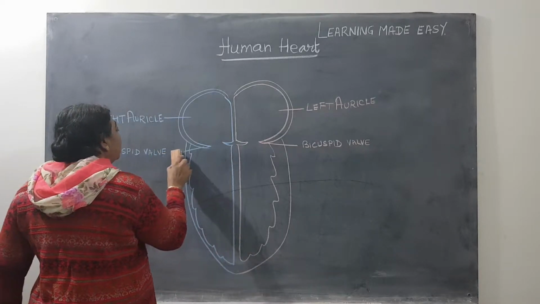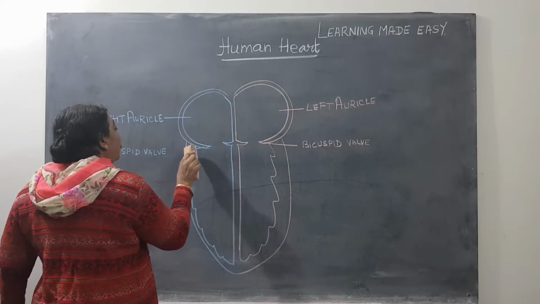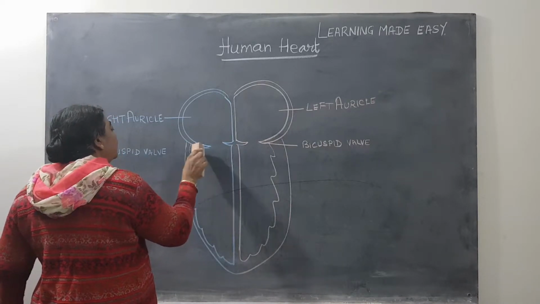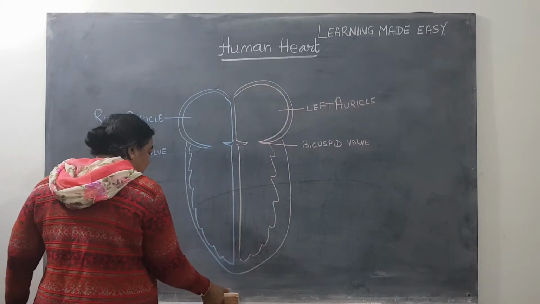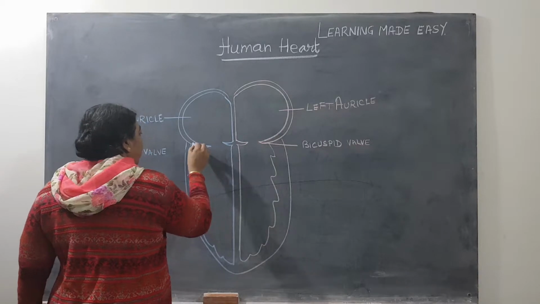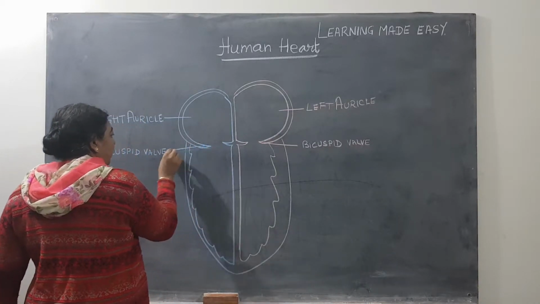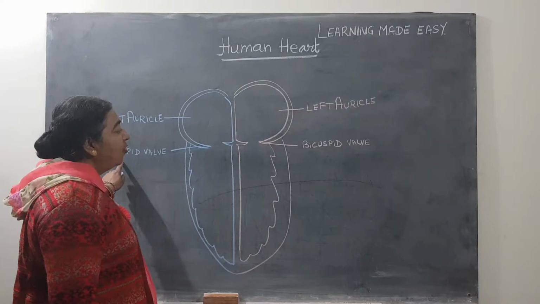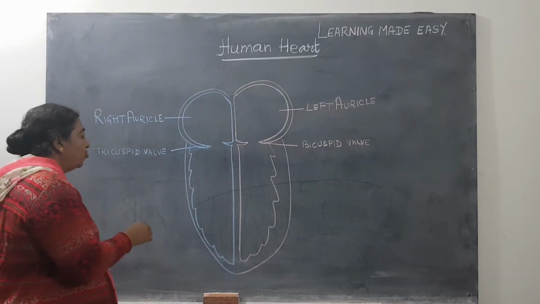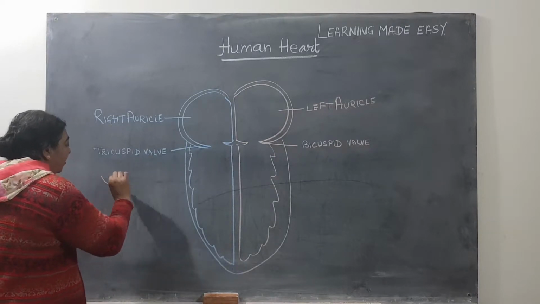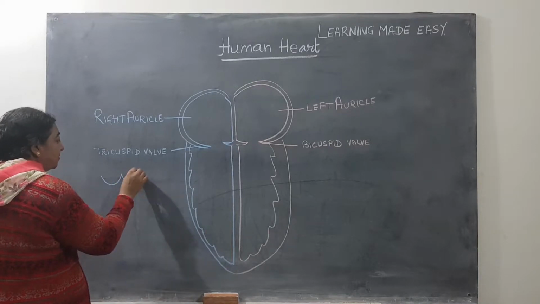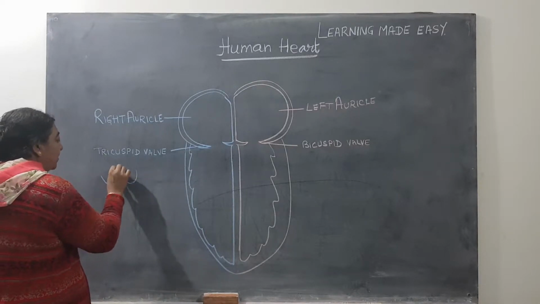These valves are named accordingly by the number of flaps. Bicuspid has just two flaps present, while the tricuspid valve has three flaps. These valves are big muscular structures which are like this: 1, 2, and the third one.